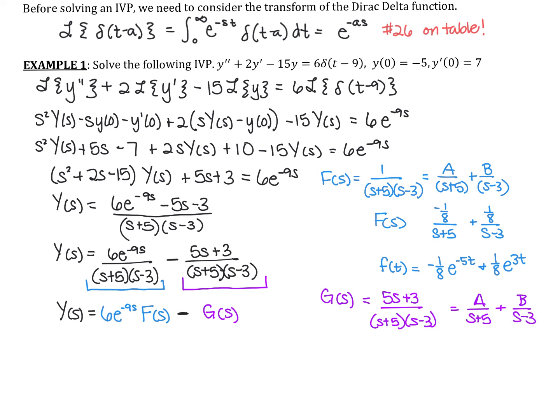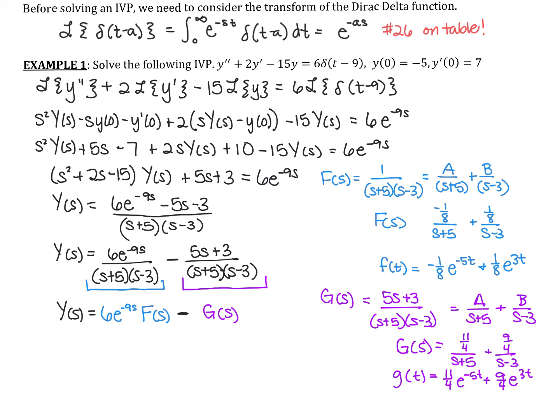And again, using my partial fraction calculator, I get that this function, this is G(s), is 11/4 over s plus 5 plus 9/4 over s minus 3. So my g(t) function is going to be 11/4 e to the negative 5t plus 9/4 e to the 3t. Now, there's a very strategic reason why we would do it this way, why we would separate these.